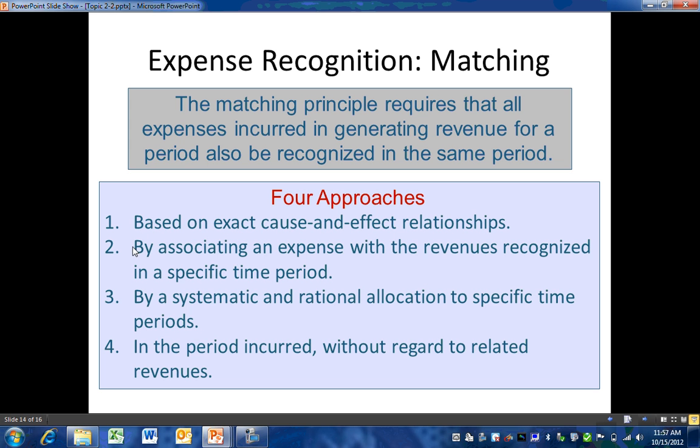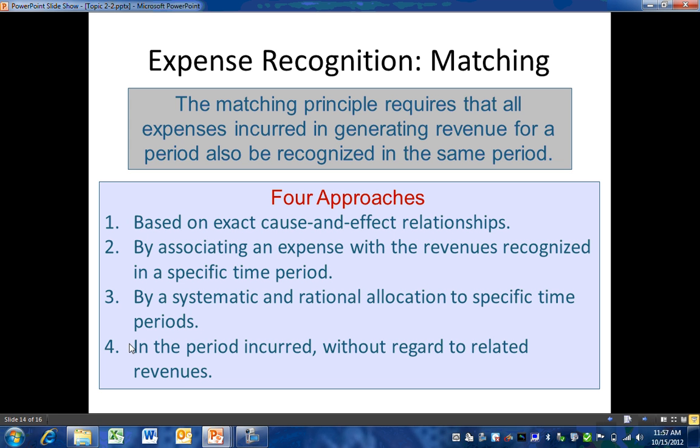So, for example, accounting personnel, their cost will be considered an expense in a specific time period in which we're recognizing the revenue. We could have a systematical approach to allocating the cost of acquiring an asset over time, known as depreciation.